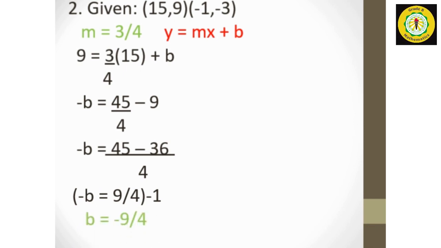So the answer is b equals negative 9 over 4. Since meron na tayong y-intercept or b here, our equation is y equals 3x over 4 minus 9 over 4. So this is our slope, which is 3/4, and our b is negative 9 over 4. So this is the answer.